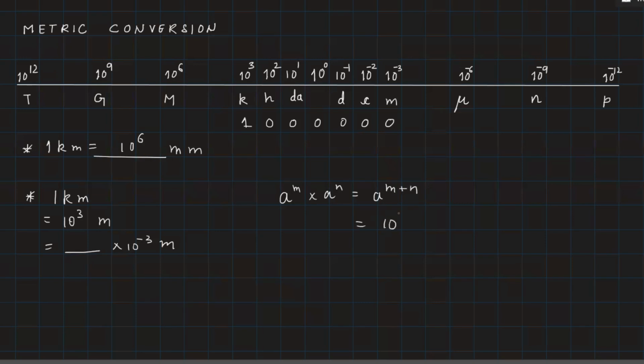Here I have 10 to the power 3. If I write 10 to the power minus 3, then I should write 10 to the power 6, because 10 to the power 6 minus 3 will make it 10 to the power 3. This becomes a millimeter. So the answer is 1 kilometer is 10 to the power 6 millimeters.